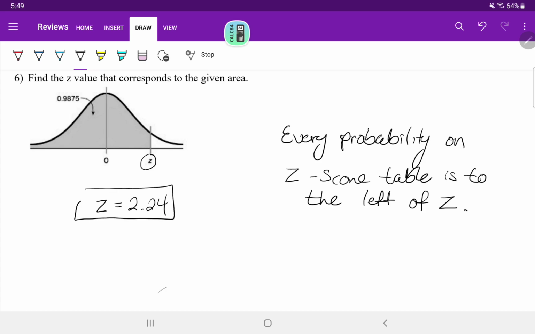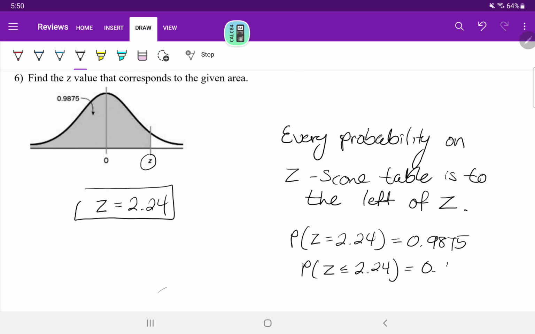And the reason why that is the z-score is because the probability that z equals 2.24 in this case equals 0.9875. We can also write that as, because the area is shaded to the left of z, the probability that z is less than or equal to 2.24 is 0.9875.